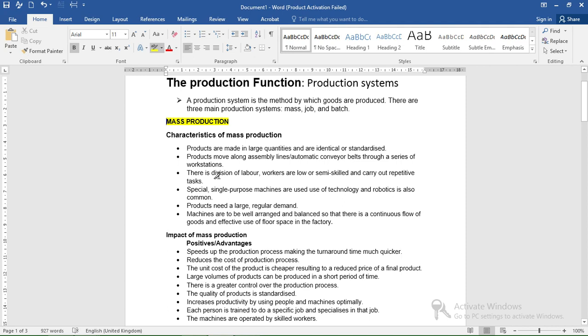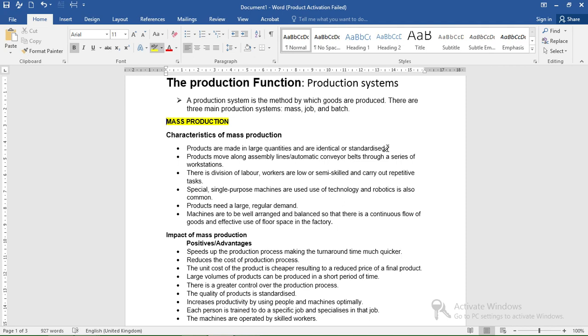Right, mass production, guys, what happens here is products or goods are produced in large quantities, and the goods that we produce under mass production are identical or standardized. When you say products are identical or standardized, we mean they are similar. They look exactly alike in terms of size, quality, color, and nature.